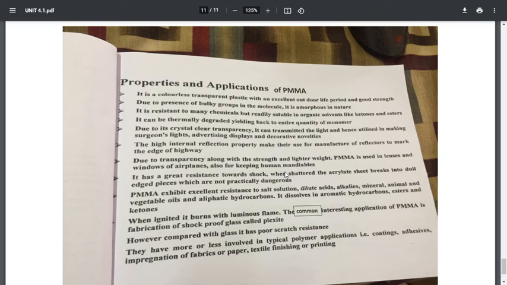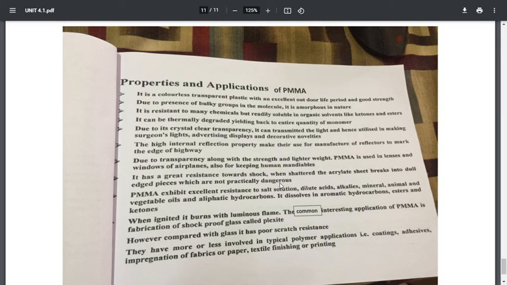It has great resistance towards shock. When shattered, the acrylic sheet breaks into dull edged pieces which are not practically dangerous. So if you shatter a glass, you will get fine edged pieces which are very dangerous. But if you shatter an acrylic sheet, it will break into dull edged pieces which are not dangerous.